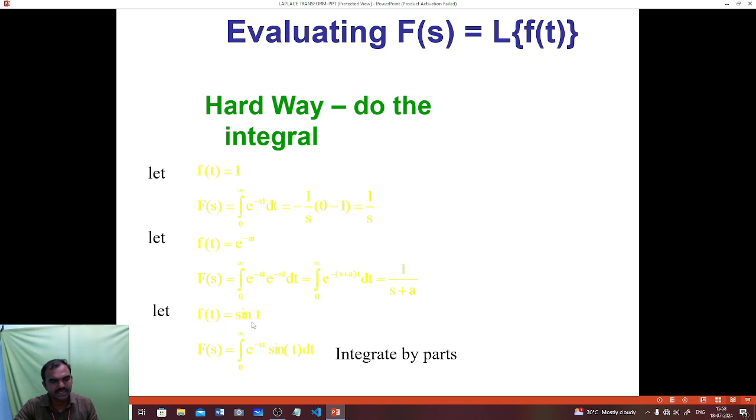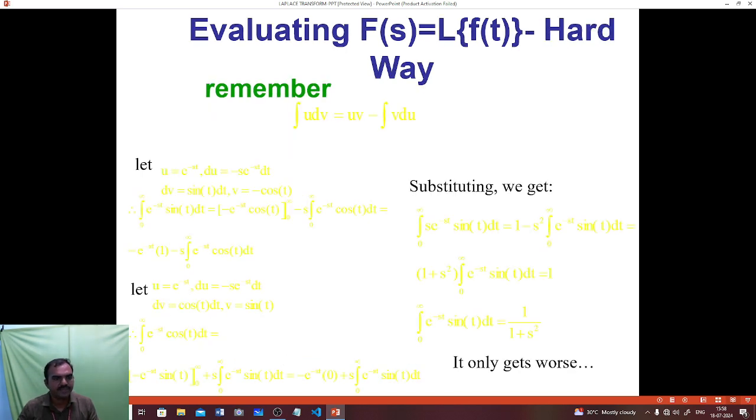And next one, f of t equals sin t, and F of s equals the integral from 0 to infinity of e power minus s t sin t dt. So that is our proof here. Take u as e power minus s t, then take the differentiation: du is minus s e power minus s t dt, and dv is sin t dt.